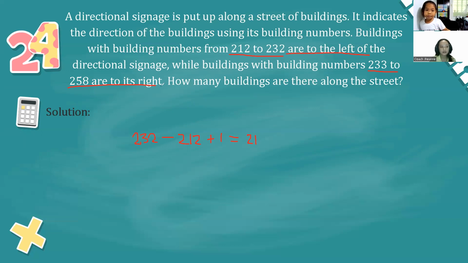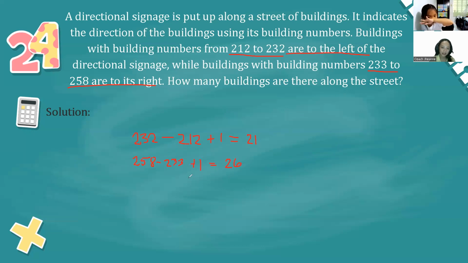So the buildings to the right is 258 minus 233. We also add 1 here since we want to count all the buildings. So the answer would be 26. Now, how many buildings are there? What are we going to do?